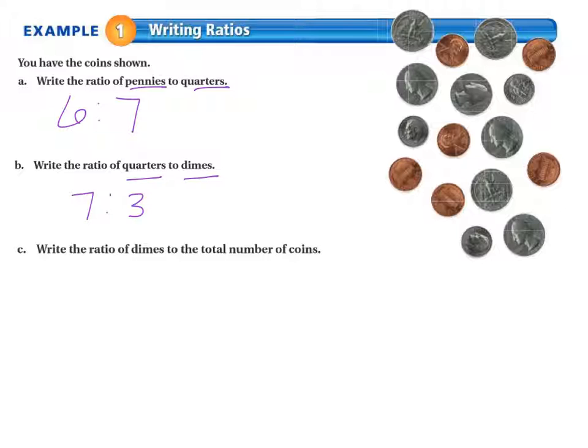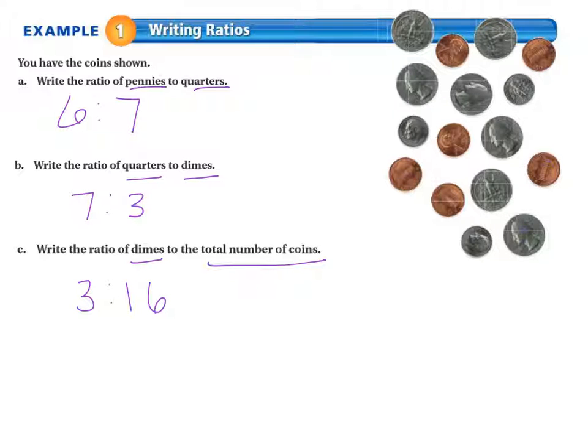For part C, write the ratio of dimes to the total number of coins. Okay, so dimes is first, total number of coins is second. We already know there are 3 dimes. Now we need to know the total number of coins. So we have 1, 2, 3, 4, 5, 6, 7, 8, 9, 10, 11, 12, 13, 14, 15, 16 total coins.